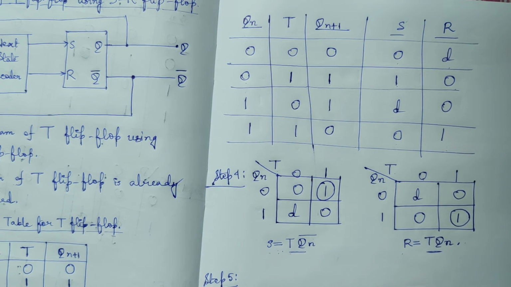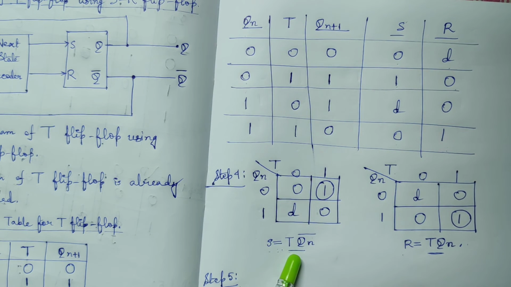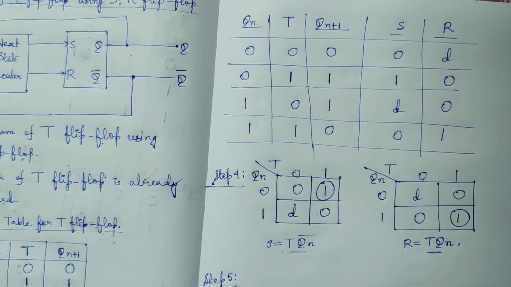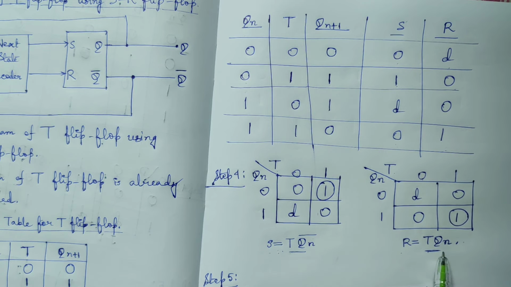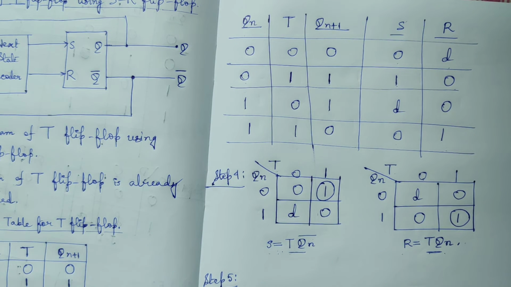For the first AND gate, the inputs will be T and Qn bar. For the second AND gate, the inputs will be T and Qn. So now we can construct the combinational circuit, or the next state decoder.